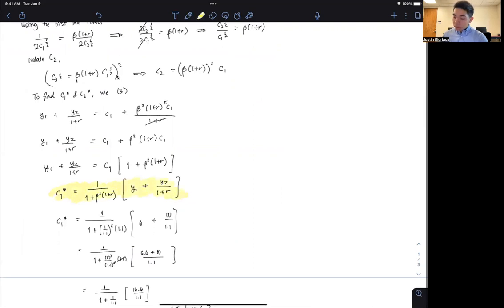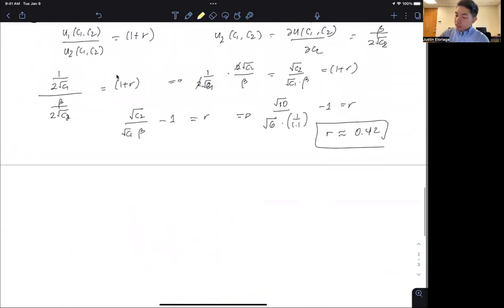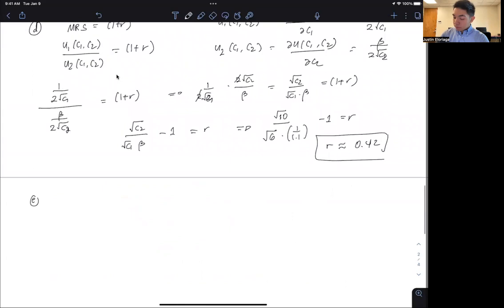All we need to do is write it in terms of the new values. So we know that C1* is equal to 1 over 1 plus beta squared times (1 plus R times y1 plus y2 over 1 plus R). But we now have y1 equal to 10 instead of 6.